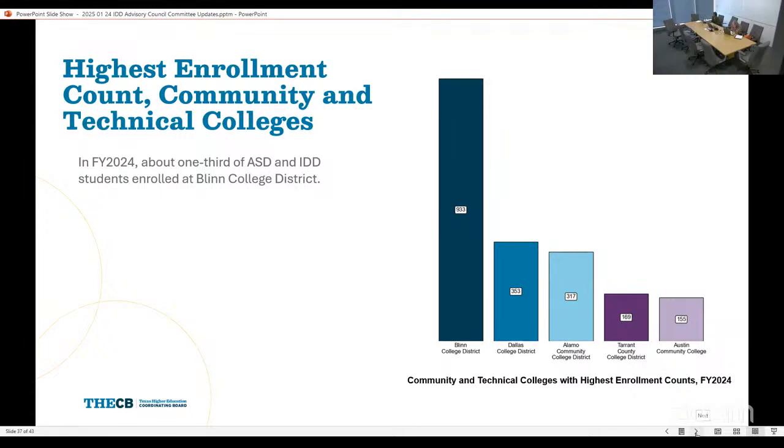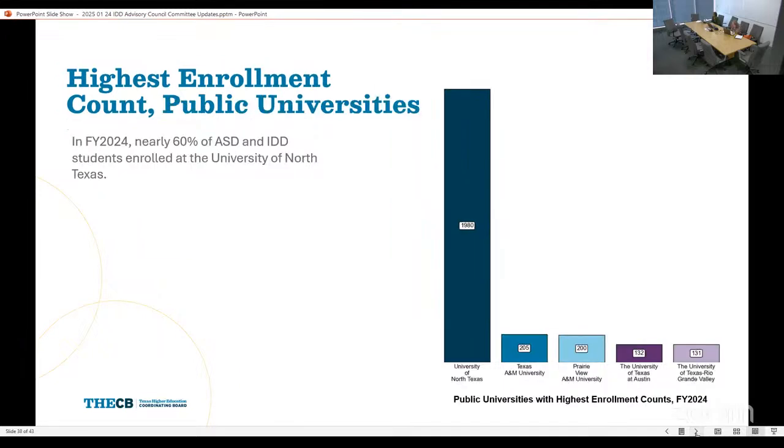Next slide, please. The highest enrollment count in public universities. So the previous slide was community colleges. This is four-year schools, I take it. In 2024, nearly 60% of ASD and IDD students enrolled at the University of North Texas.